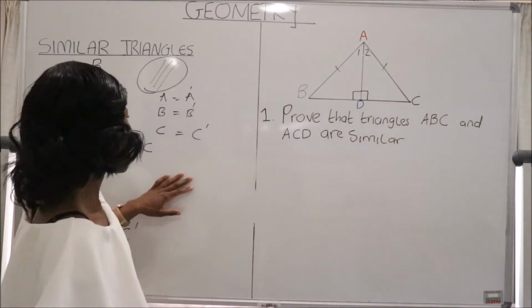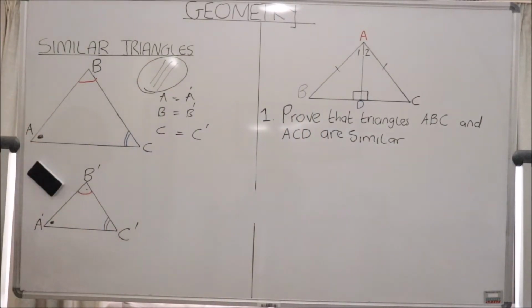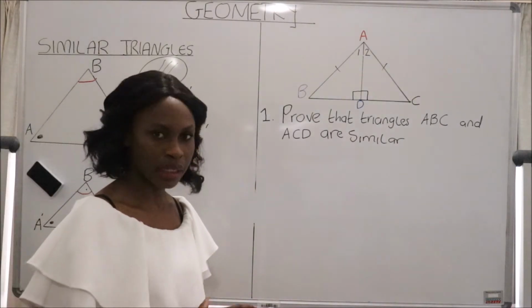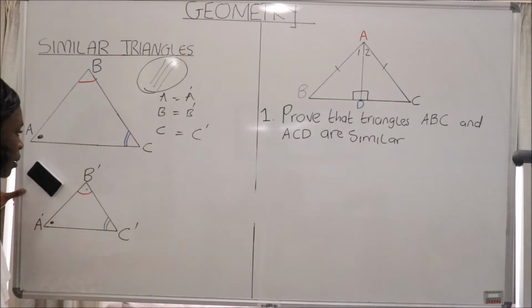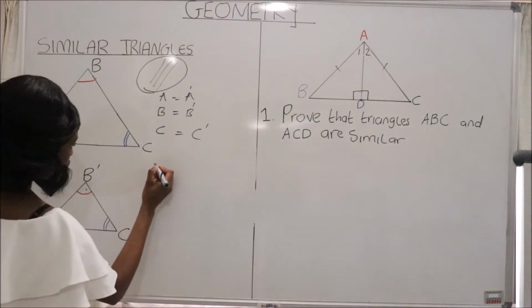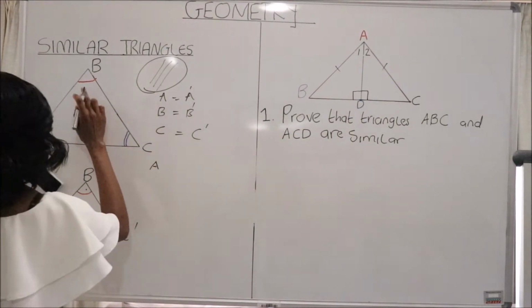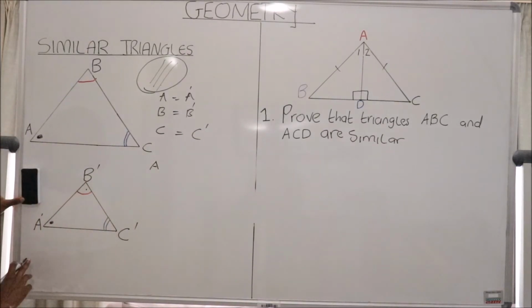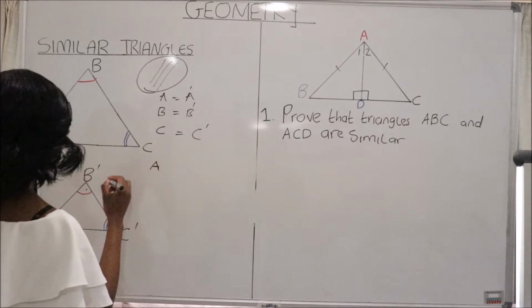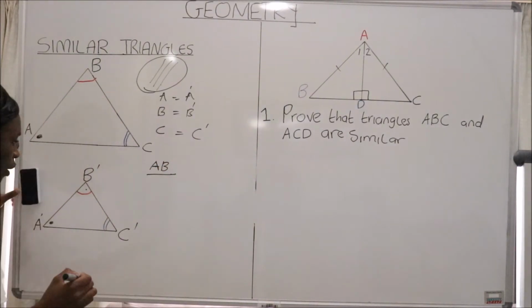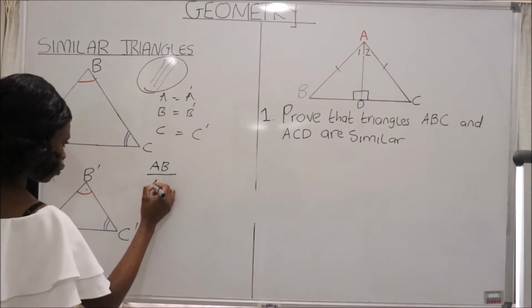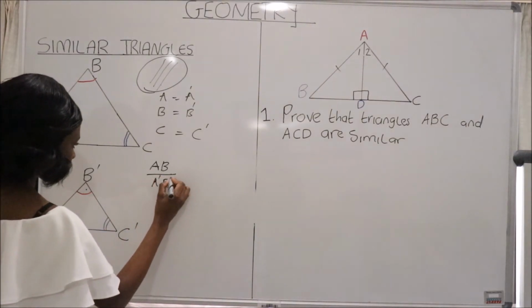Then when it comes to sides, when you're proving that the sides are proportional to each other, you still write them in a good sequence and in good order, so that they show the similarity in the triangles. In this case, it will be triangle ABC and triangle A prime B prime C prime. The first sides, which is AB, are in proportion with the sides A prime B prime.